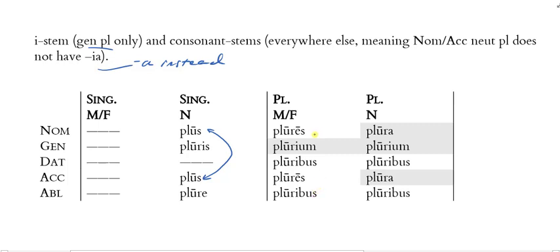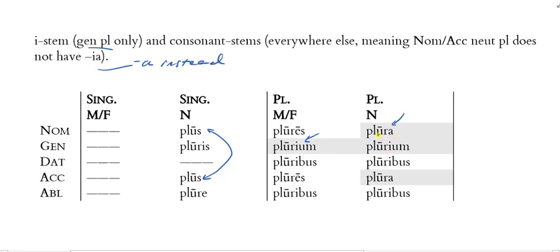Okay, now notice that this is the only place the I shows up on this masculine feminine side, and that's because in the genitive plural it behaves like an I stem. Now, on the neuter side, I stems also would normally get an I here, but notice it's not I stem anywhere except genitive, and that's why I've highlighted it here for you as well, just to note the differences.